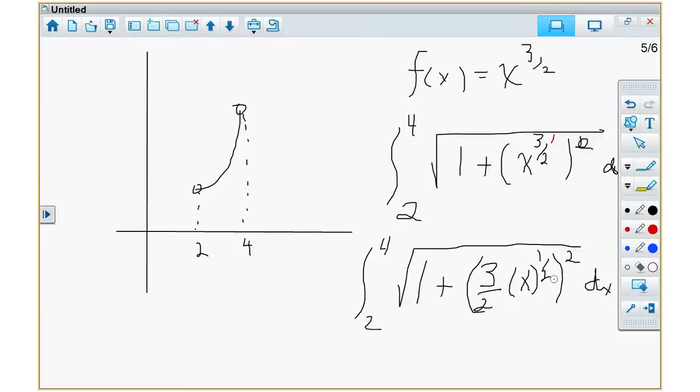And that takes care of that 1/2. So you got from 4 to 2 of 1 plus 9/4 x. Okay, finish it out.